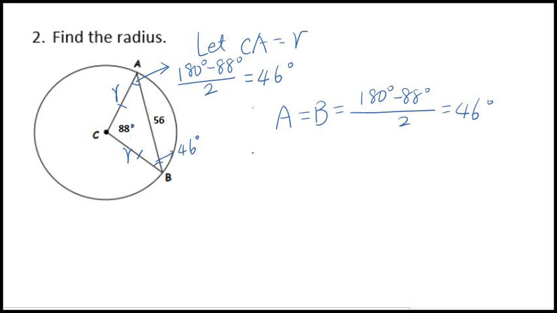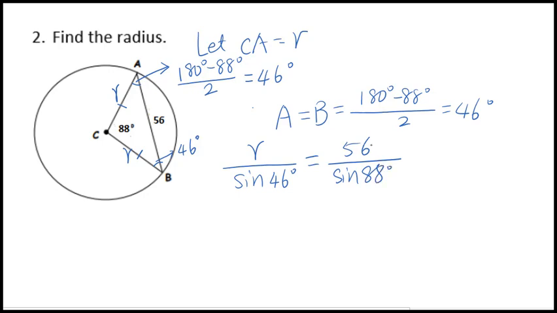Then we will use Sine Law, because 88 degrees and 46 degrees are not included angles. So we have r over sin 46 degrees equals 56 over sin 88 degrees.